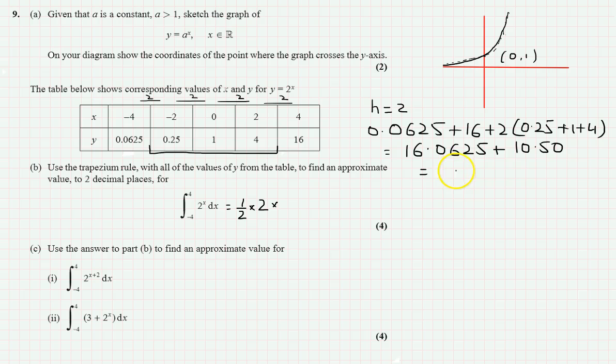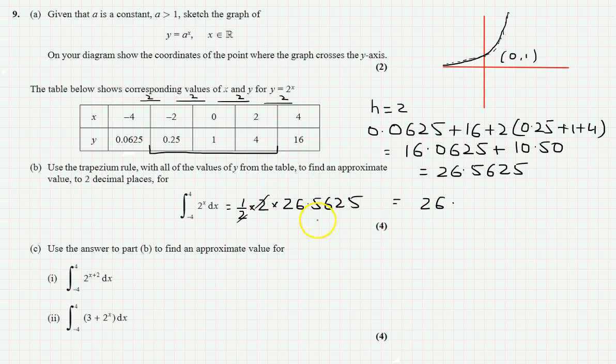So it is equal to 16.0625 plus 10.5, that is 26.5625, multiplied by half times 2, so 2 and 2 cancel. So it will be 26 point.